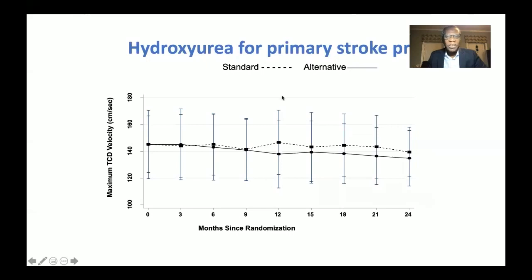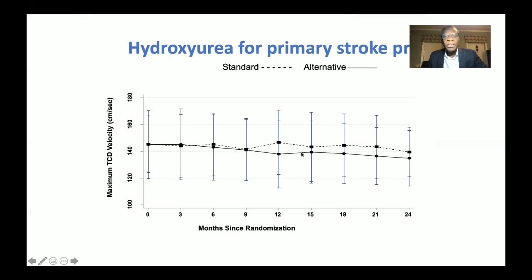So in this study, the standard group were those who continued blood transfusion as per the STOP study, and the alternative arm are those who switch from blood transfusion therapy to hydroxyurea therapy. And as you can see, over the 24 months of the study, the TCD velocities were maintained equally in the 2 groups. This really brought a remarkable relief to many centers because one could now switch many of these patients on chronic blood transfusion to hydroxyurea therapy and successfully maintain TCD velocities.